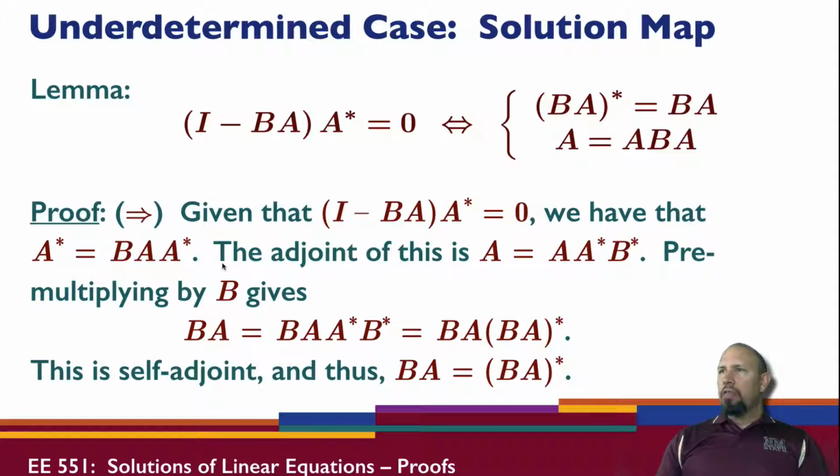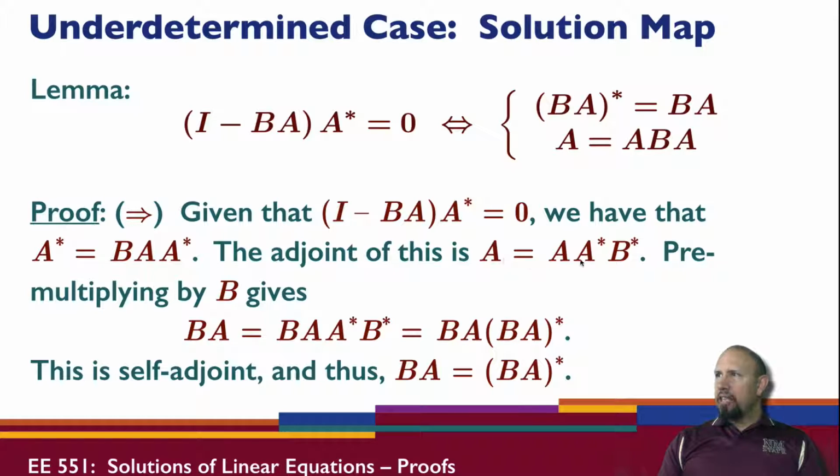Now if we take the adjoint of this, we get A is equal to A adjoint B adjoint. If I take the adjoint of a product, I get the adjoints of the individual terms in the opposite order. So the adjoint of A adjoint is A, the adjoint of A is A adjoint, and the adjoint of B is B adjoint.